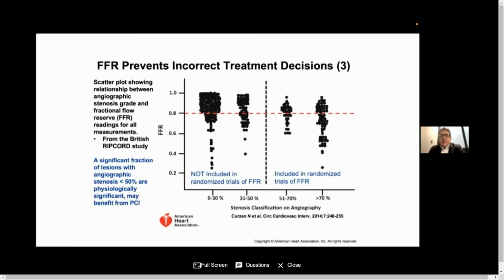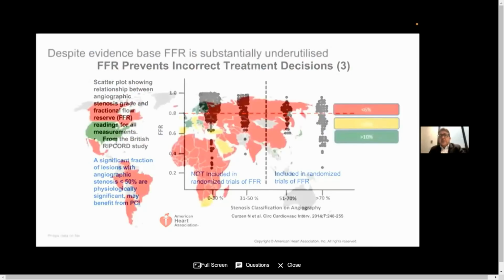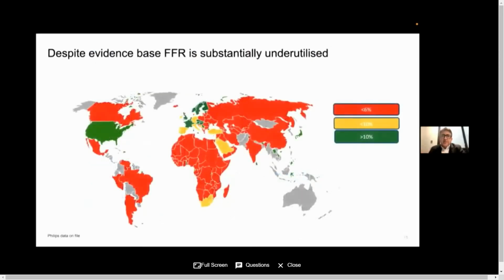And it's very interesting that perhaps the angiographic view that someone was looking at wasn't the one which captured the lesion, or perhaps there was a whole series of diffuse disease which all added up to being much more significant than the operator thought. So this mismatch between angiographic appearance and physiology is really, really important, especially if we know that physiology confers improvement in outcomes.